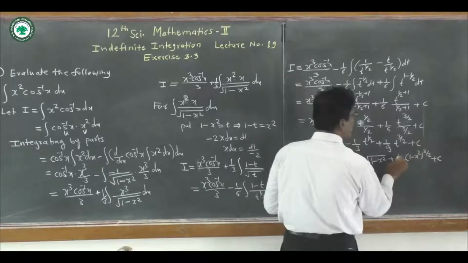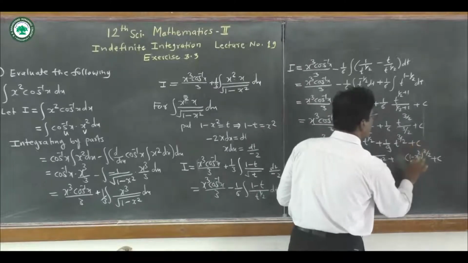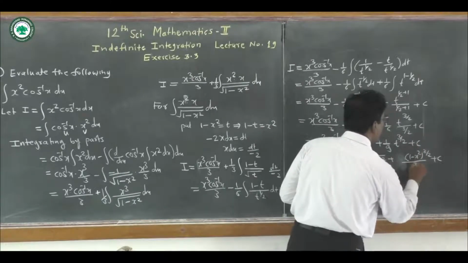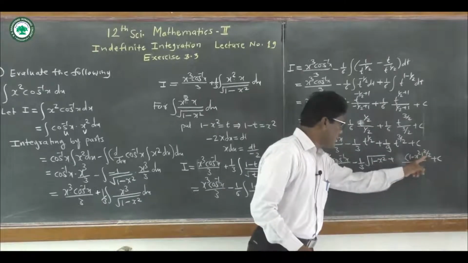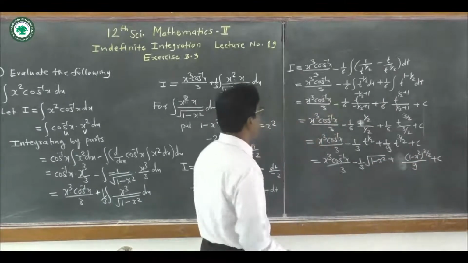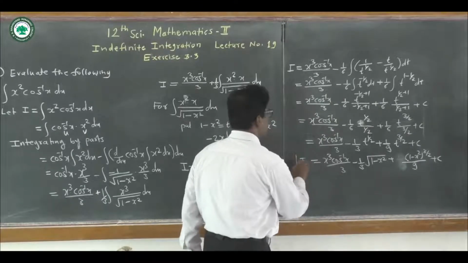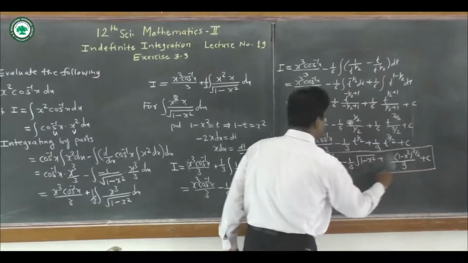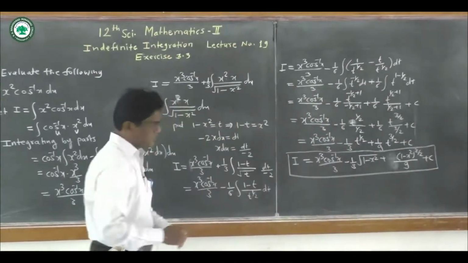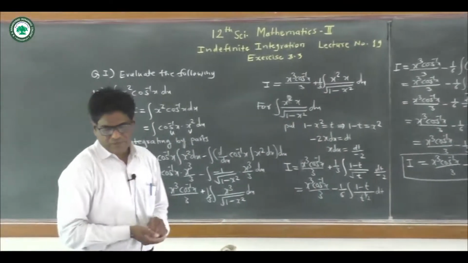We write here 1 minus x square upon 9 plus 1 minus x square to the power 3 by 2 upon 9 plus constant of integration. This is the final solution. So highlight this solution and take screenshot of this. So we have completed here 12th problem.